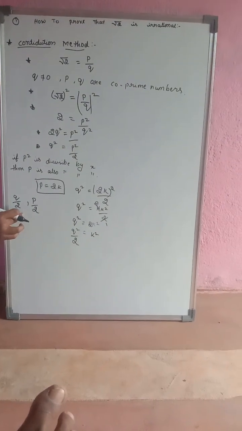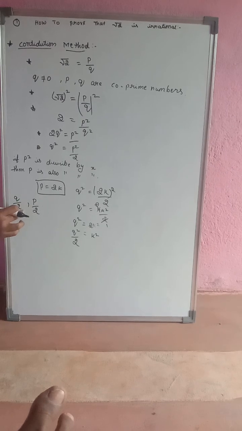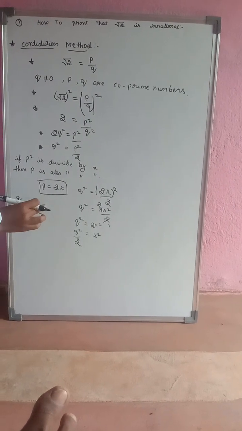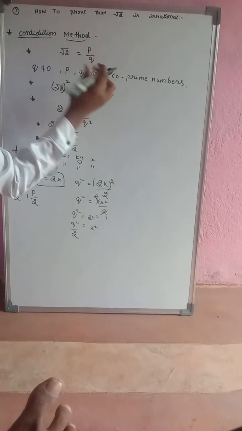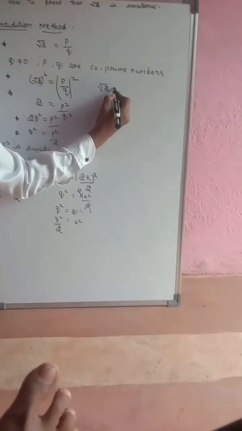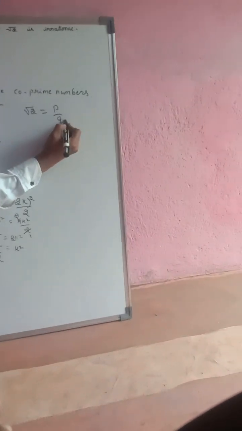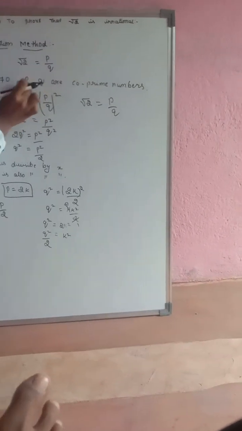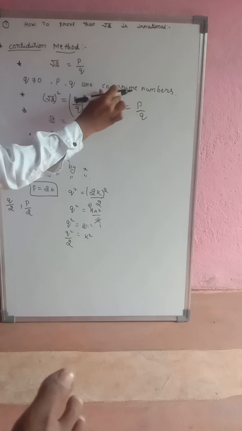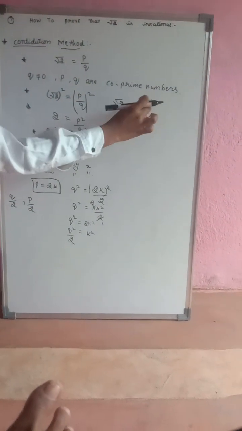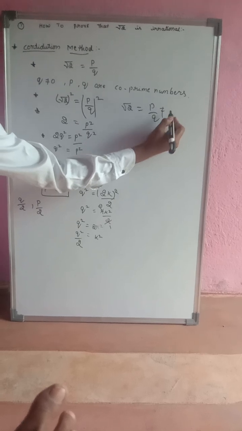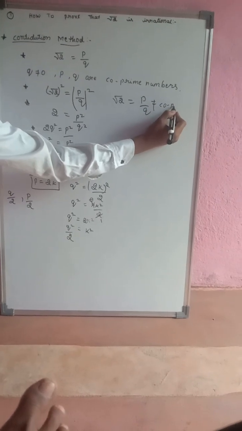Now we have found that q is divisible by 2 and p is divisible by 2. But in the formula we said that p and q are co-prime numbers, and by this we can see that p and q are not co-prime numbers.